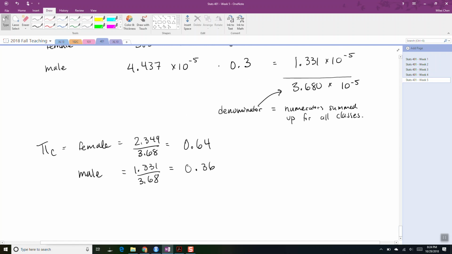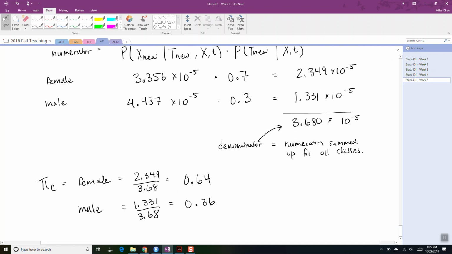But we weight that likelihood of that value by the class probability. So certain classes might be more likely than other classes, and so we weight them accordingly. And the denominator's purpose is so that when you figure out the numerators, they all add up to 1, okay? That's the Bayes classifier.